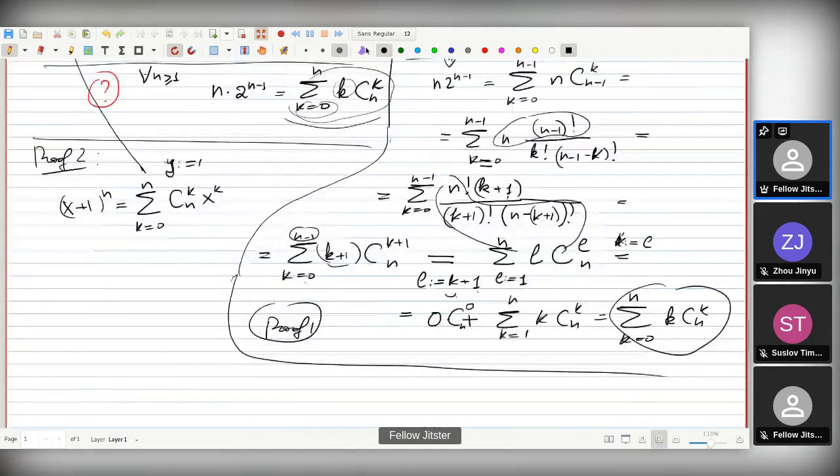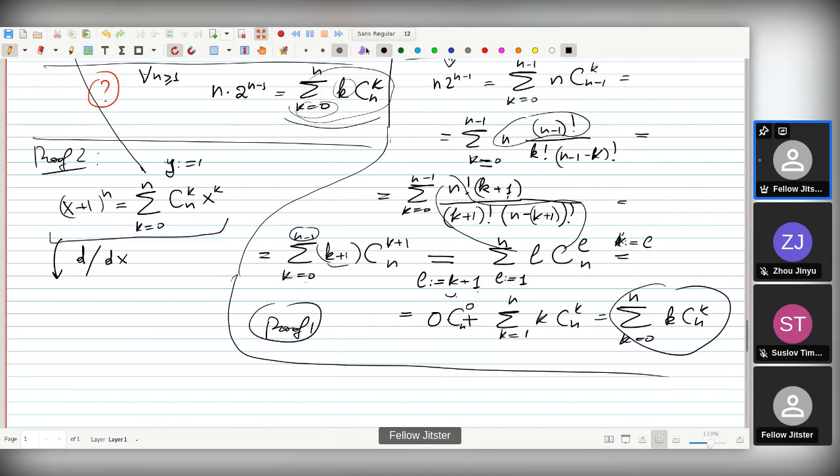Do you agree? Yes. Both sides can be treated as functions of x. What if we differentiate these functions? What will the result be?